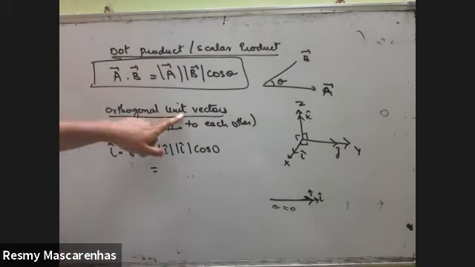Then we can try j dot k. So j dot k will be, again 90 degrees, this will also be 0. Similarly, k dot i.